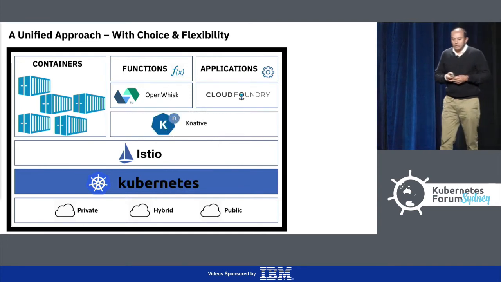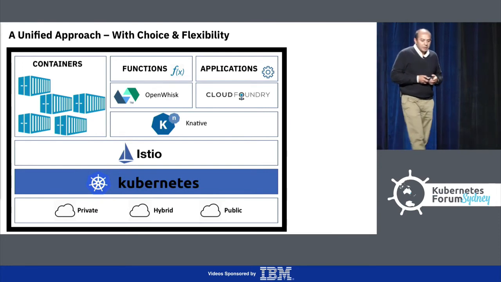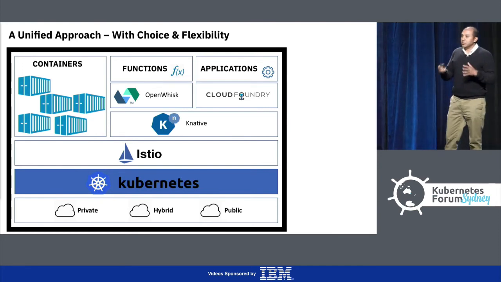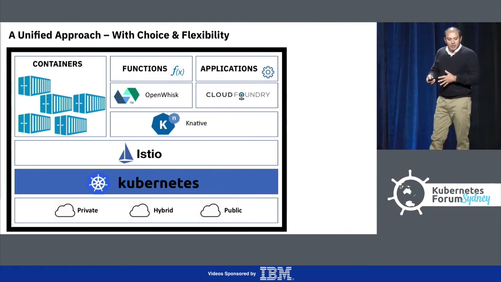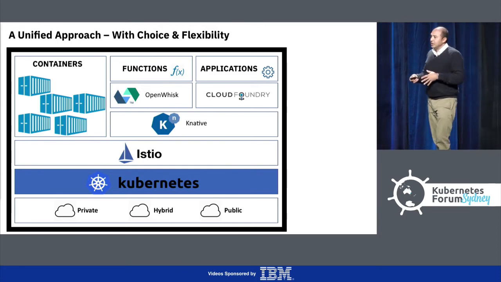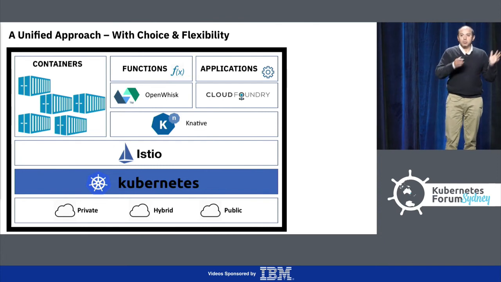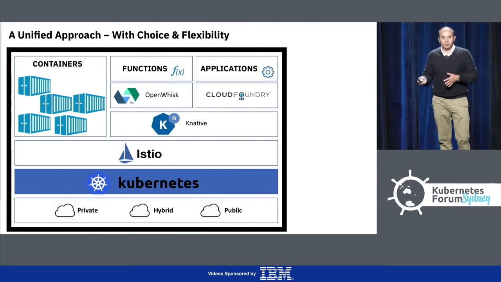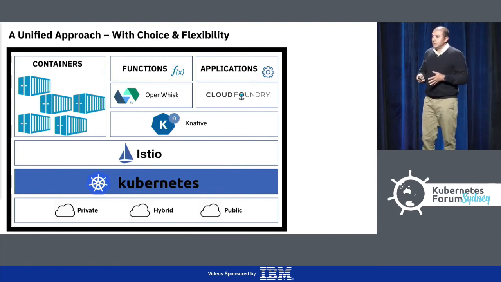So the glue in this is Knative. Knative provides the building blocks that allow cloud functions to run in Kubernetes. And with that, we'll have a unifying layer that allows the different models and approaches of development to be combined and integrated into a common platform that can be used for the next generation of applications.